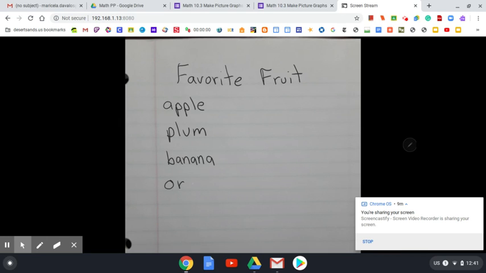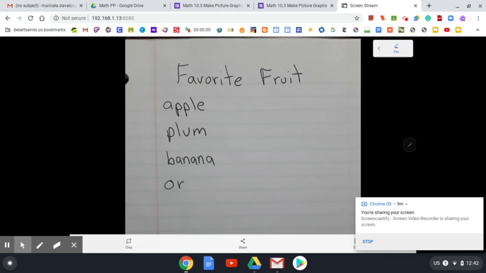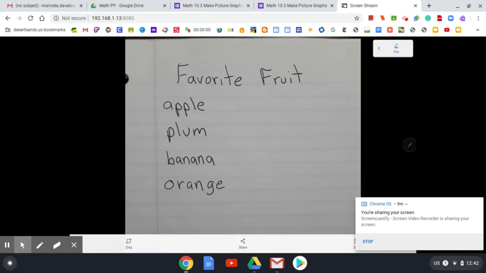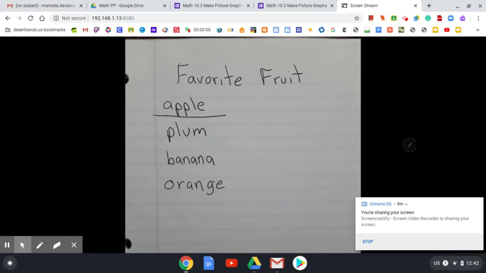Now you're skipping a line so you have enough space to draw your picture, and I have space so that you don't have to be like, oh, I ran out of space. So now the next part is you're going to have to draw a line across.